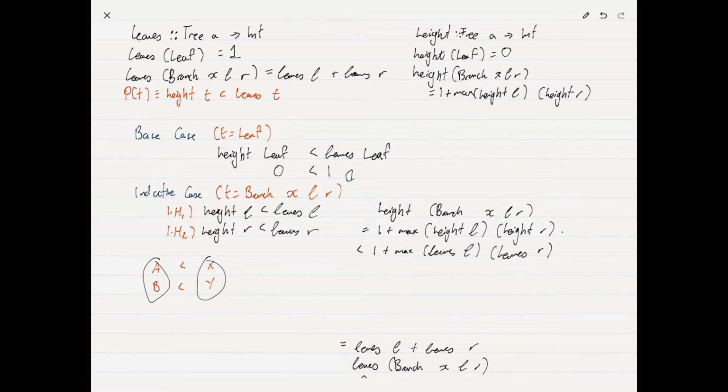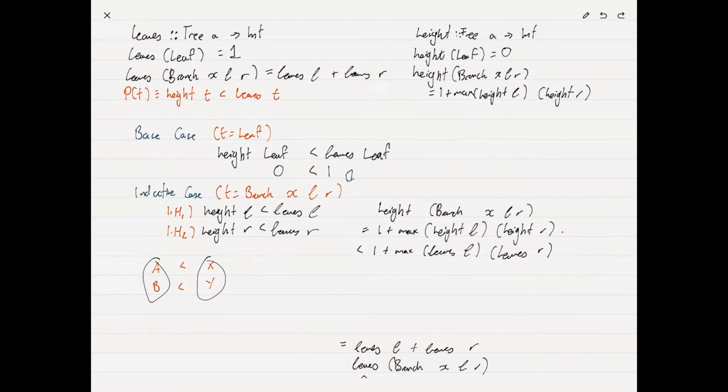Now, if you don't believe me about this fact, try it out, convince yourself, or even ask Isabelle. You can prove this to yourself if you're not satisfied, but effectively the argument works by saying the maximum of A and B is one of either A or B, and similarly X and Y, and it's the biggest of the two.